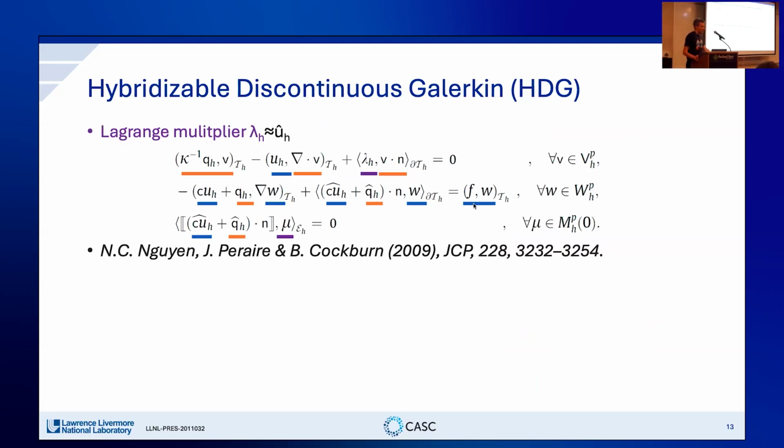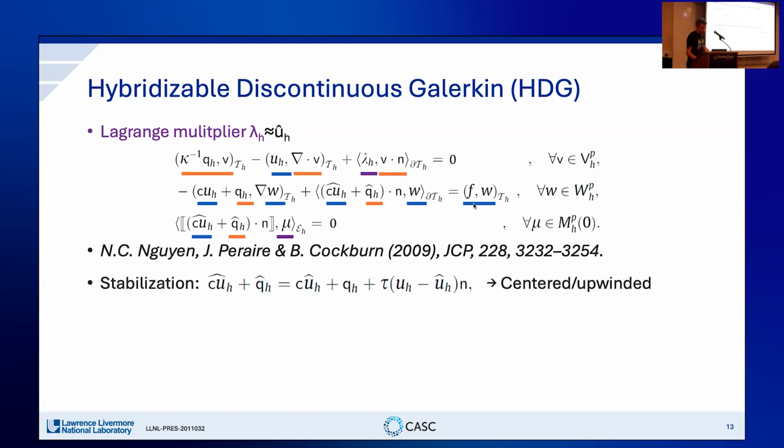With HDG, it's a little bit more involved. We have those traces here, but thanks to the discontinuity, we can include also the convective terms. And again, similarly to LDG, it very much depends on the definitions of the traces.